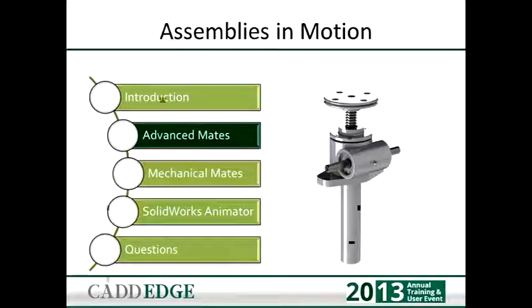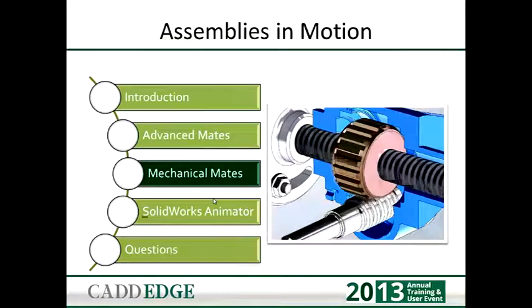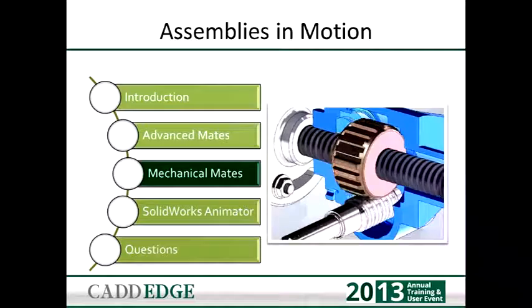You simply add them as necessary and as you go along in your design. So it's going to be much the same here. We're going to focus on both advanced mates and mechanical mates inside of our 10-ton screw jack to create motion that you can see here in this short animation.